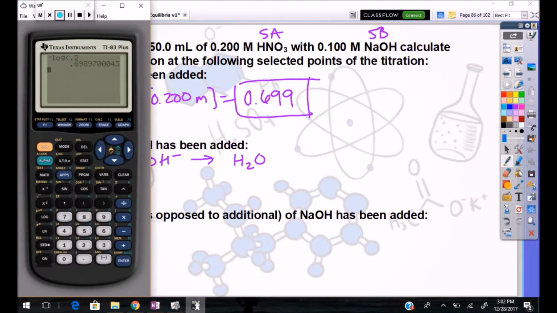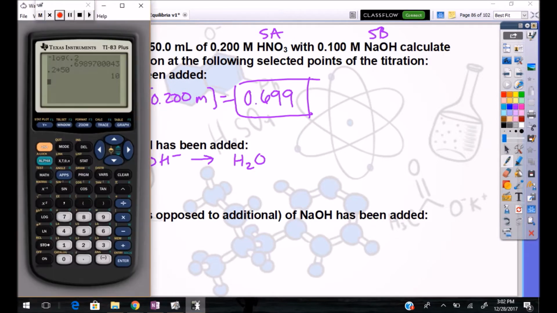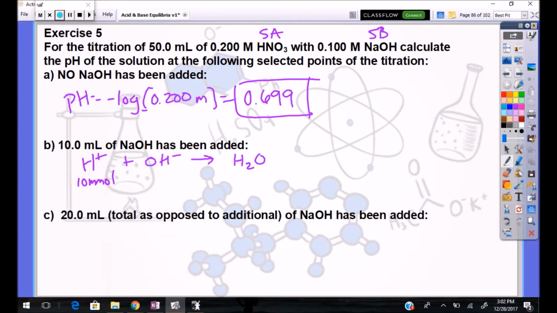So 0.2 times 50 is going to give me 10 millimoles as my initial amount of H plus. It tells me 10 milliliters of NaOH, so 10 times 0.1 is going to be 1 millimole.